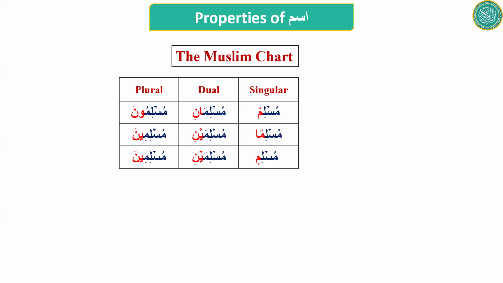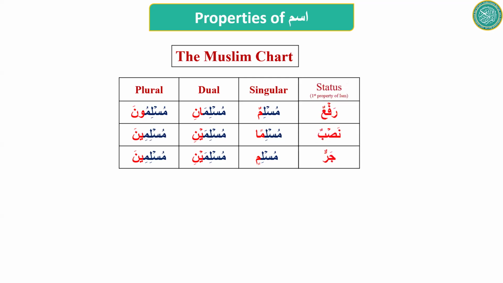And then I introduced you to three new terms which tell the status. These terms are Rafa, Nasb, and Jar. The three words in the first row, their status is Rafa.